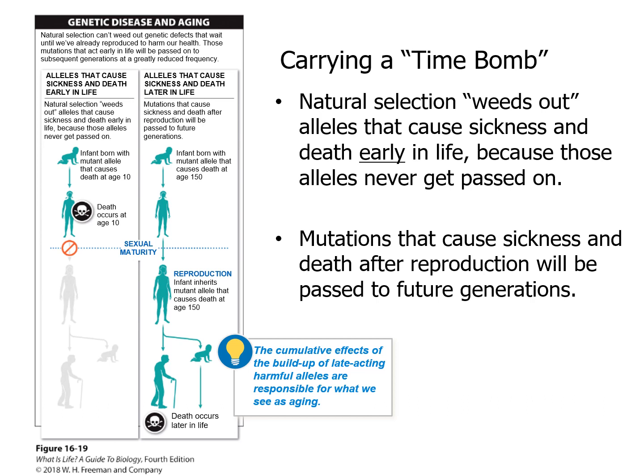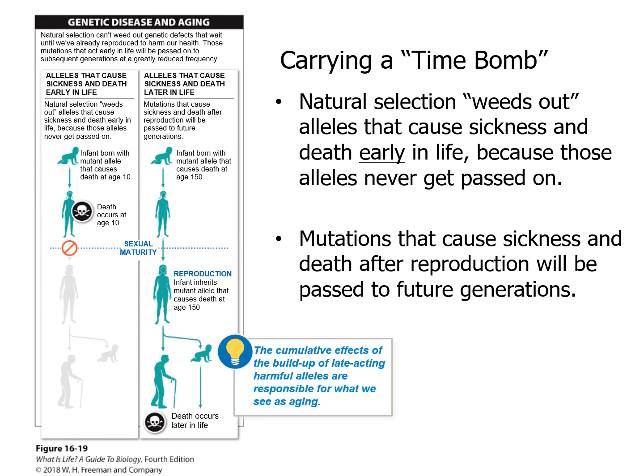But if we have that death that occurs later in life, and that condition is passed on to their offspring, where they live to 150, and that condition is passed on, then that is essentially why we age.